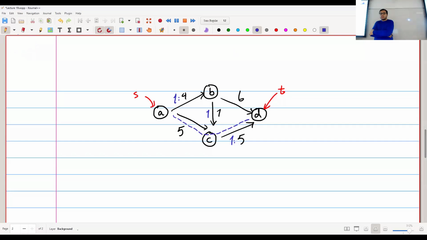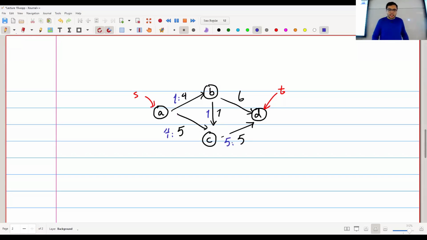And how much flow can I send here? 4 units, because even though this one has capacity 5, 1 unit of the capacity was already used before. So it has 4 remaining units of capacity. I can send 4 units of flow here, so this one will have a flow of 4, and this one will get a flow of 5.